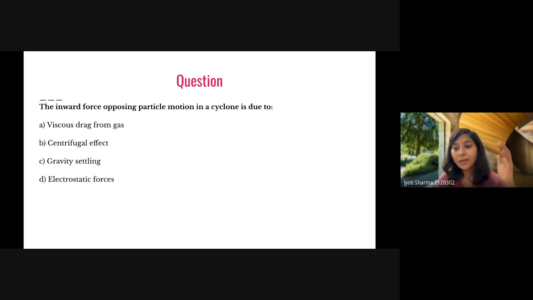Whenever there is a motion, the force that resists the motion will be your drag force. The force opposing the particle motion will be inward, so that will be your viscous force. Here the viscous force will be equal to the centrifugal force to move in the circle. So that's how A is the right answer.